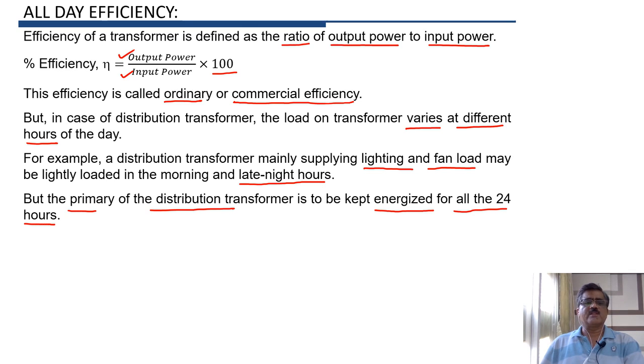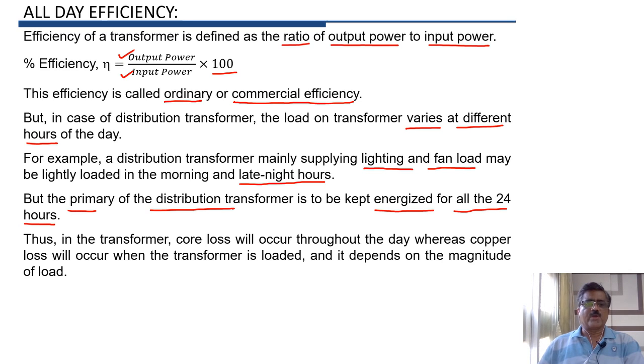Now we know that there are two losses in transformer, copper loss and iron loss. Copper loss depends on load on transformer, whereas iron loss is constant from no load to full load, and therefore in case of distribution transformer core loss will occur throughout the day.